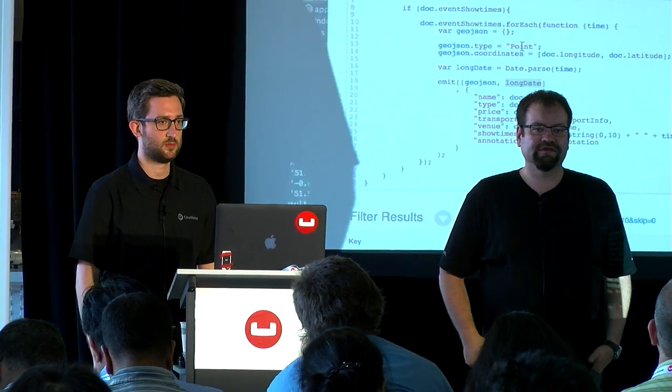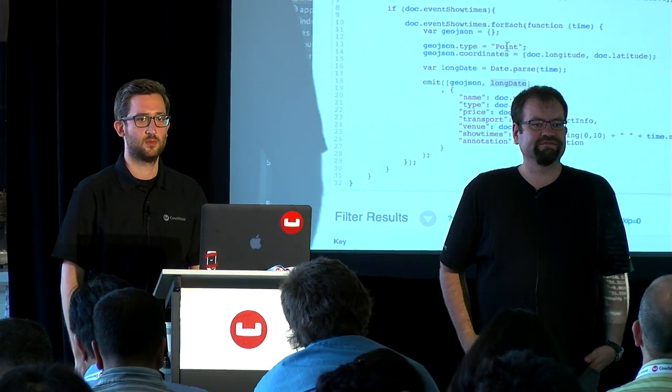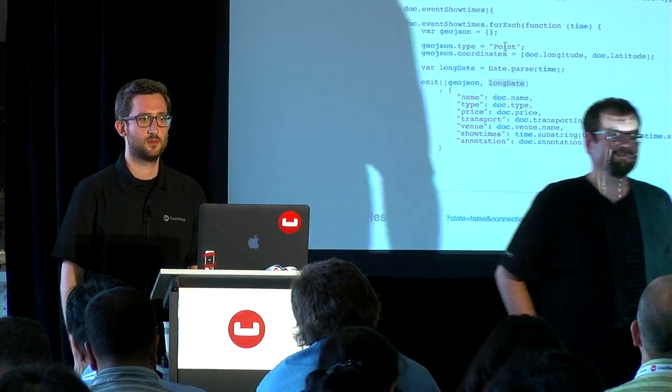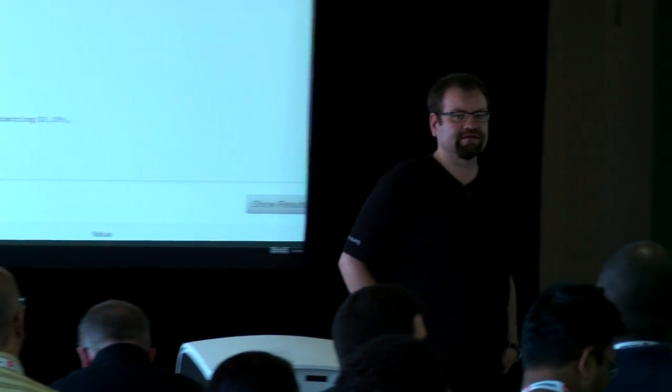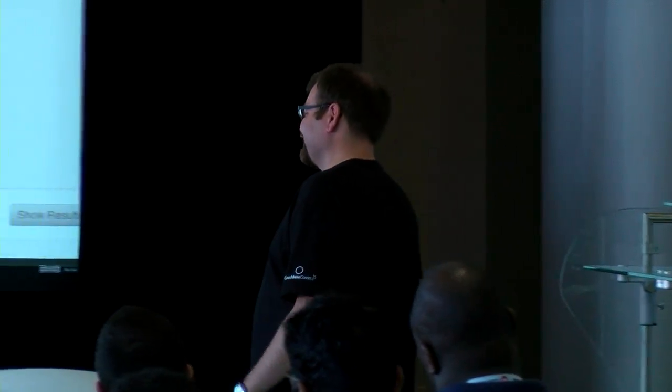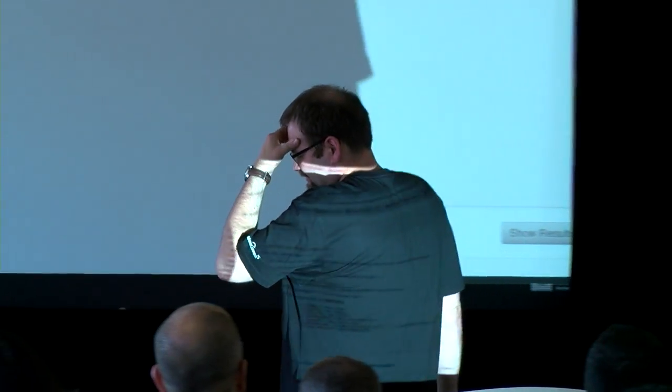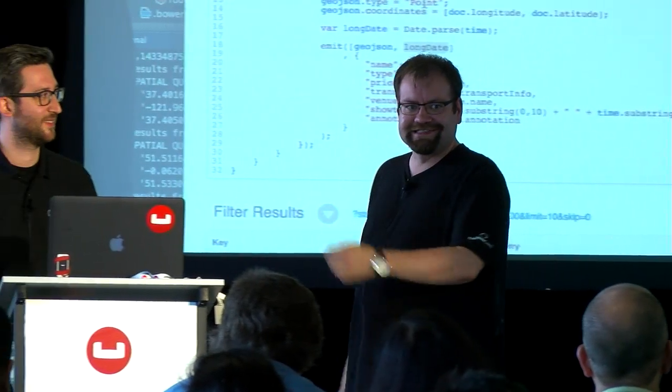Any other question? Is it possible to register an event so that when something comes into your index within a predefined geographic region, you get notified? It depends, let's say it this way.